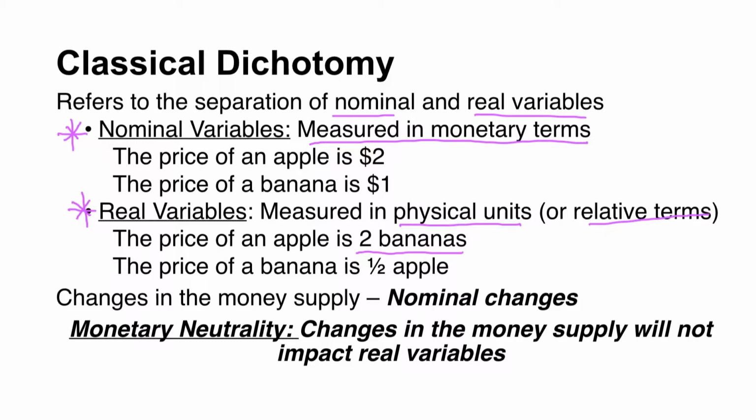What we observe is that when we see changes in the money supply, these are going to be nominal changes. In other words, changes in the money supply are not going to have any impact on real variables because this is what we call monetary neutrality. Variables such as the money supply and price levels are nominal variables.